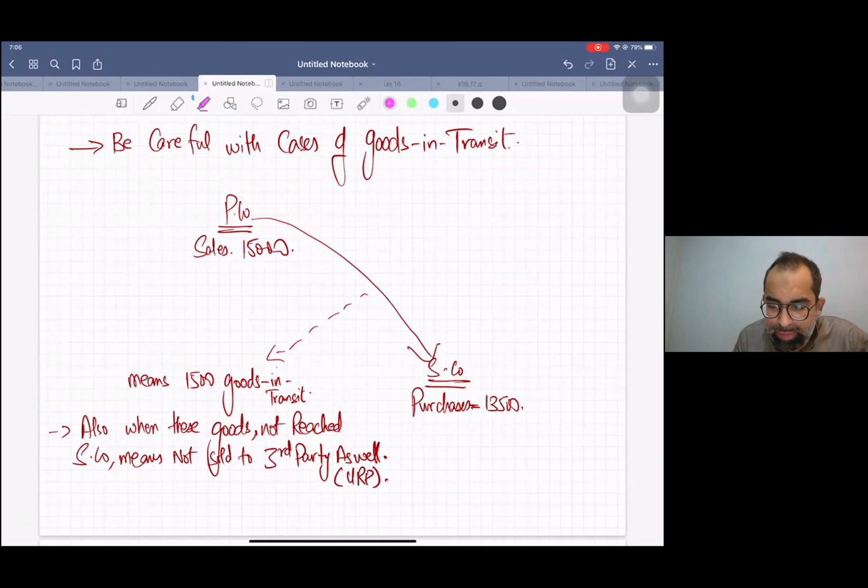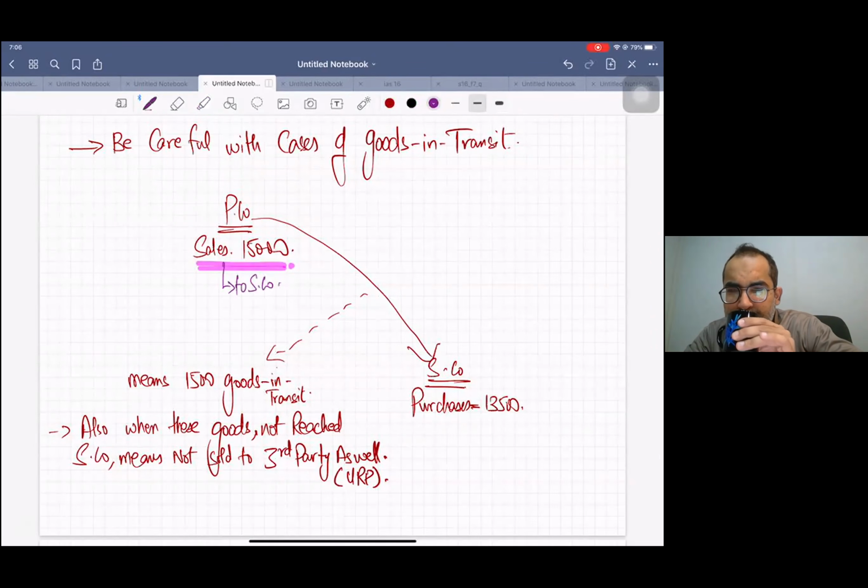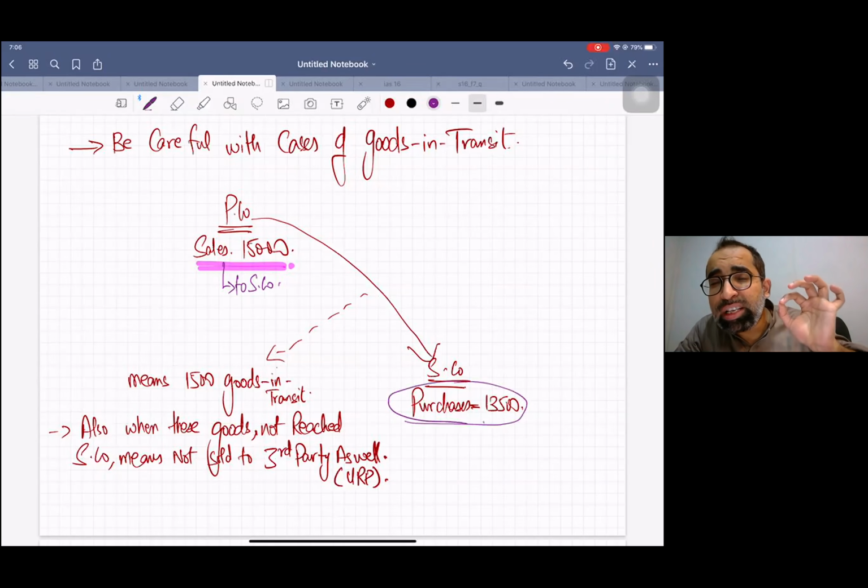In the question it is given that the parent company's record says that the parent company has sold goods to S company for 15,000. But S company's record says that we have only bought goods of 13,500.